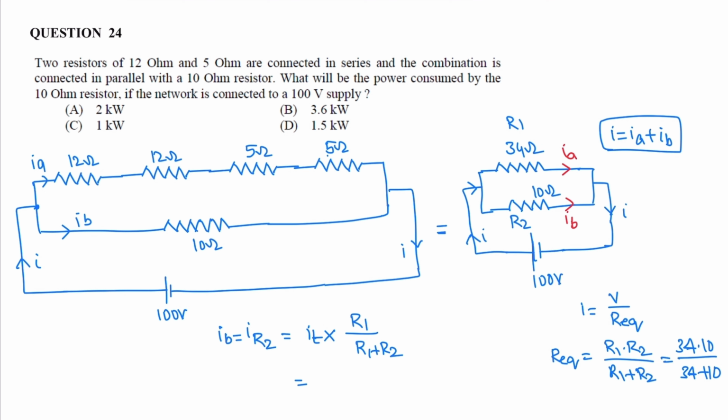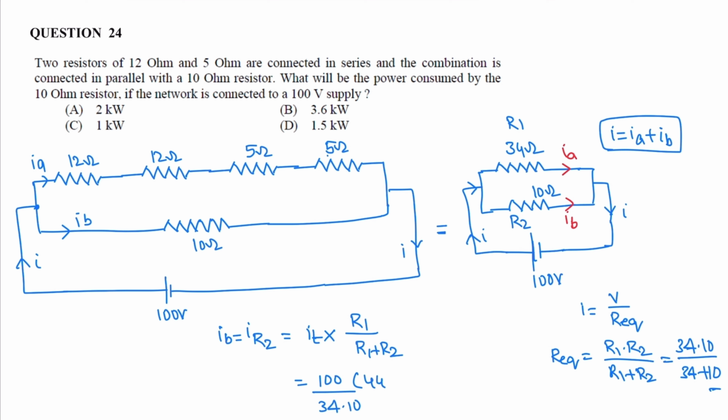Total current is V by R equivalent. V value is 100 by R equivalent. R equivalent is this value, 34 into 10 by 34 plus 10.